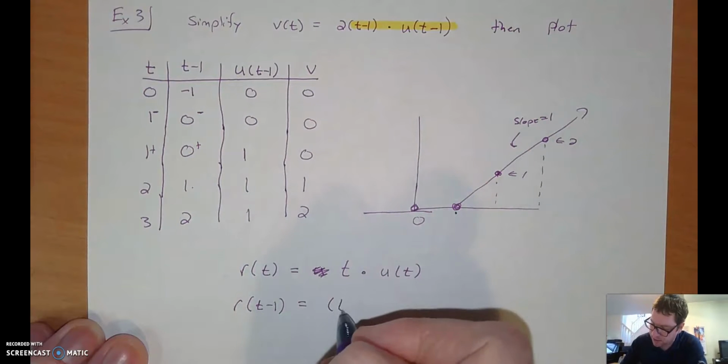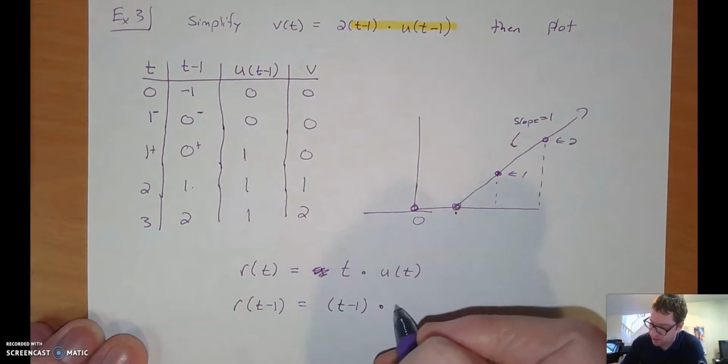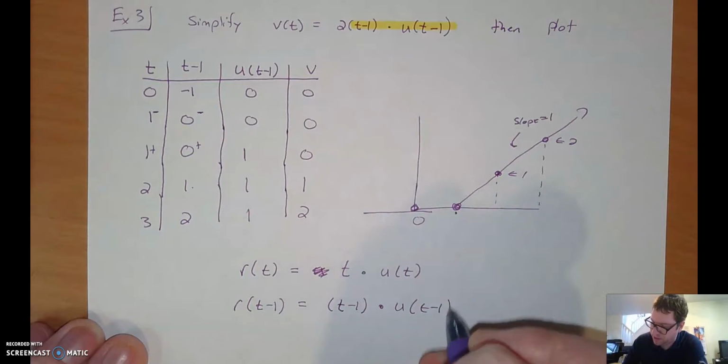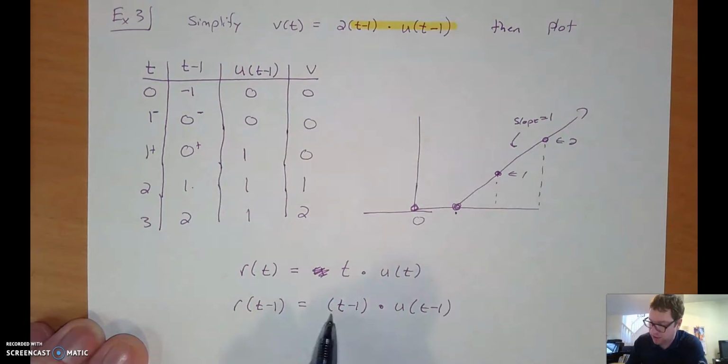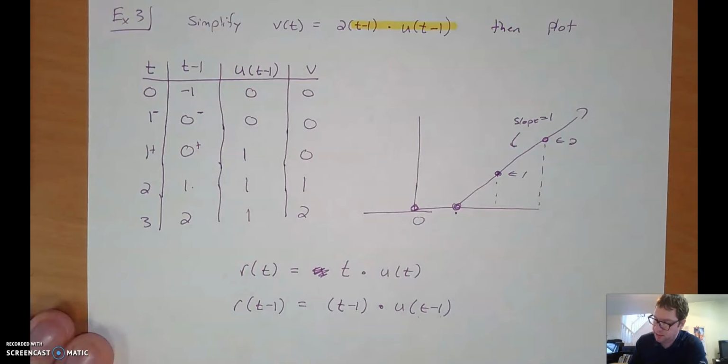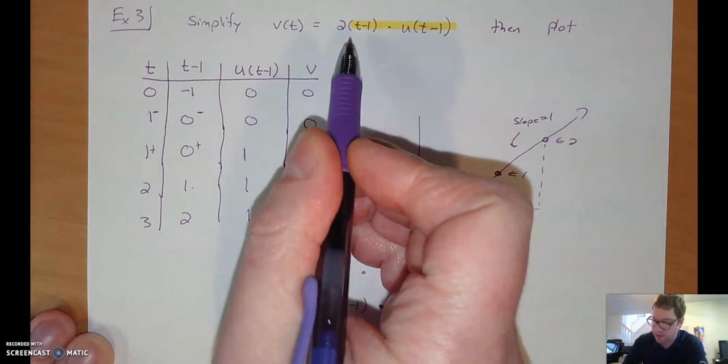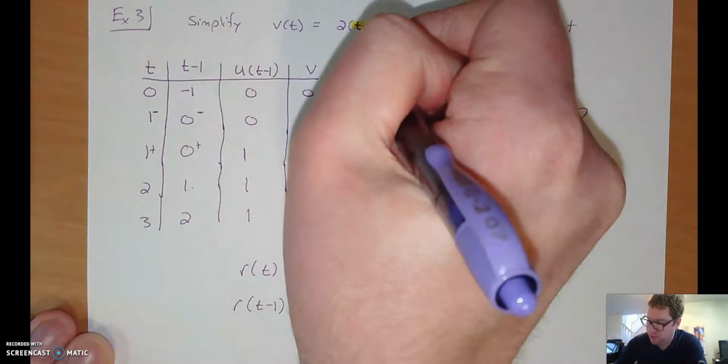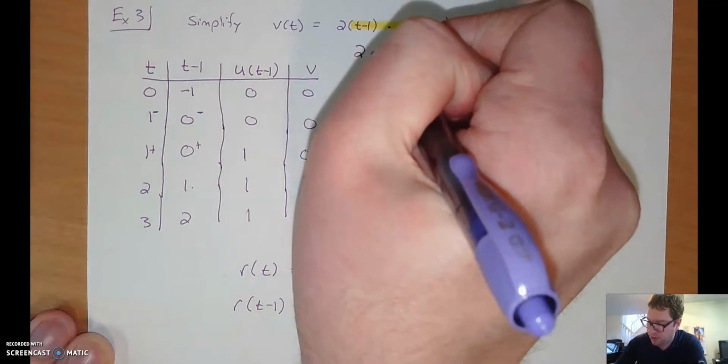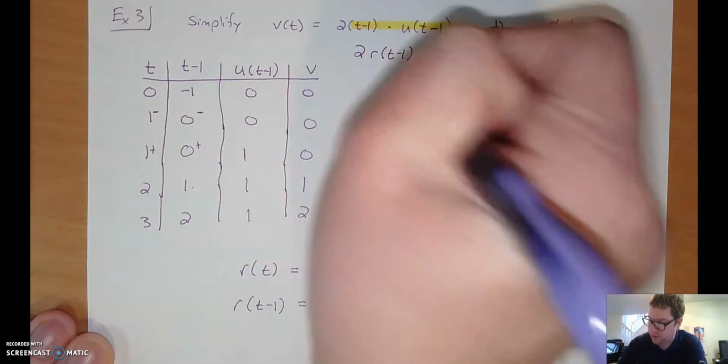So that is t minus 1 times u of t minus 1. Notice that we have to match: whatever's inside of here has to match over here. So knowing that, all we have up here is 2 times r of t minus 1.